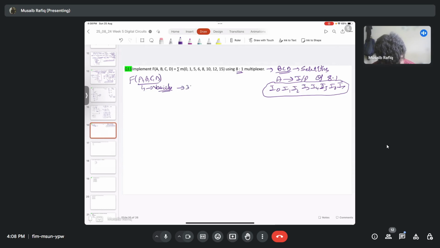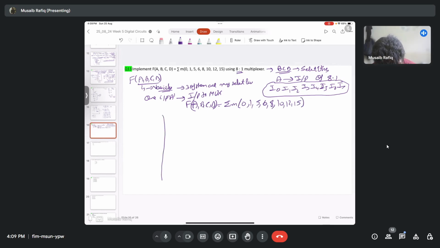Three of them are my select lines. One input A is my input to the mux. F of A, B, C, D is the sum of minterms 0, 1, 5, 6, 8, 10, 12 and 15, right?